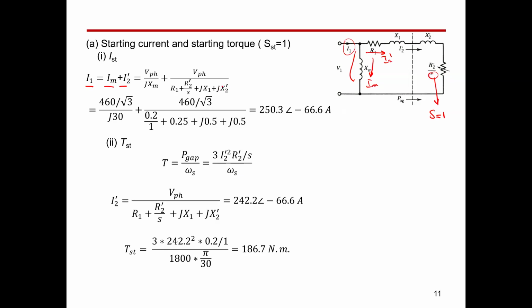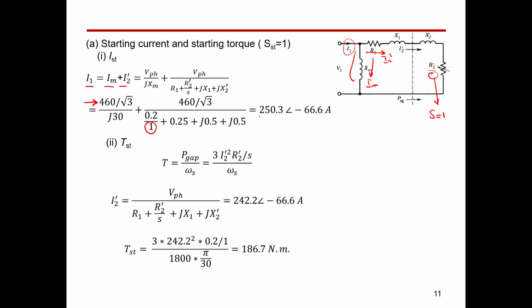And substitute the values now. At starting, S equals 1. Here we have S equals 1 and all the other values. Take care that we mentioned this is a Y connection machine. So V phase is going to be V line divided by root 3, divided by j30, which is jXm. The same V line divided by root 3, divided by R2 prime divided by S, so S equals 1, plus 0.25, which is R1, plus j0.5 plus j0.5, jX1 plus X2 prime.